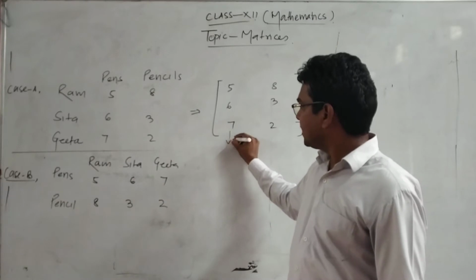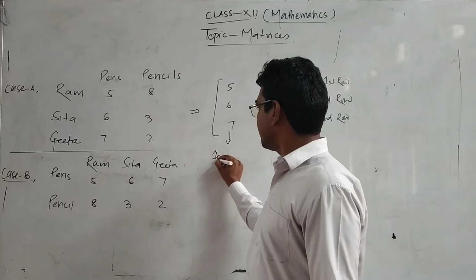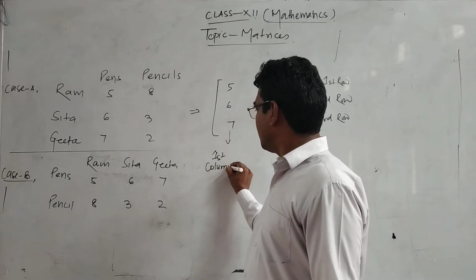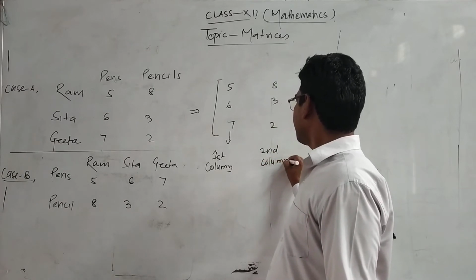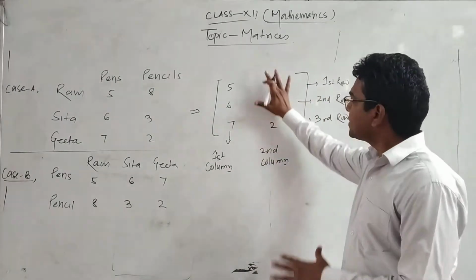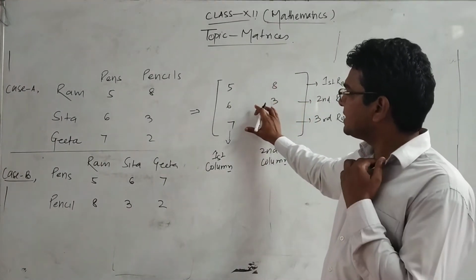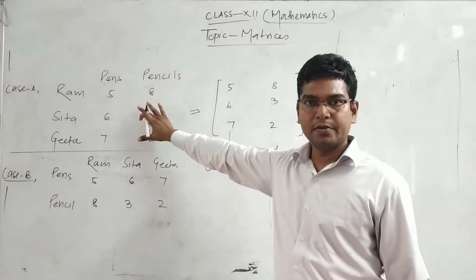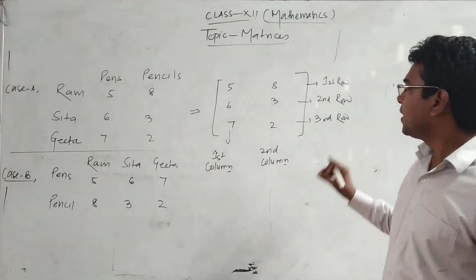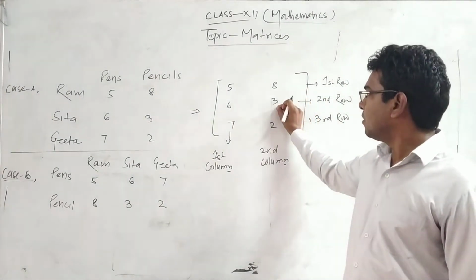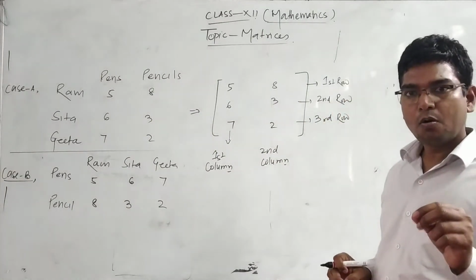Similarly, the vertical representation of these numbers is named a column. So this is our first column and this is our second column. Now this representation is the same as the information we represented in case A and B. But here we can see that every object or number has been provided a fixed location or an address.